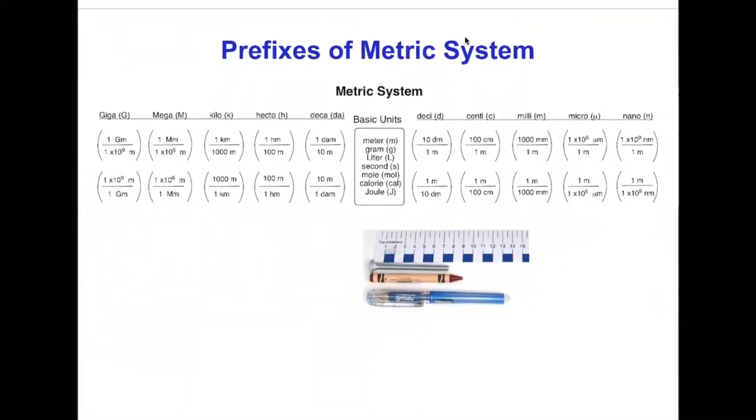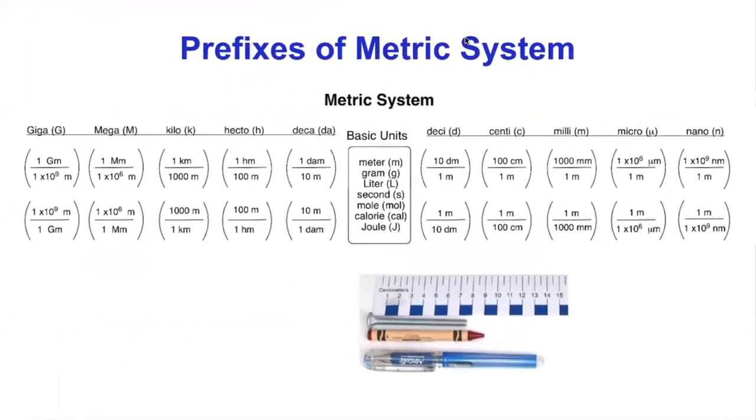Okay, let's learn the prefixes. Some of you may already know this, but some might need a review, and some of these might be new. So let's look here at the metric system. Remember we said this is a convenient system because we have these basic units here in the middle.